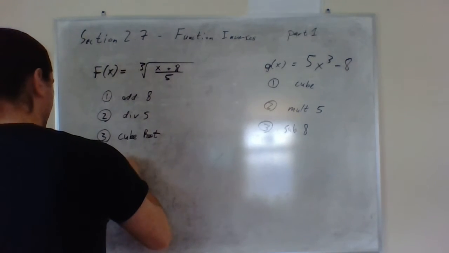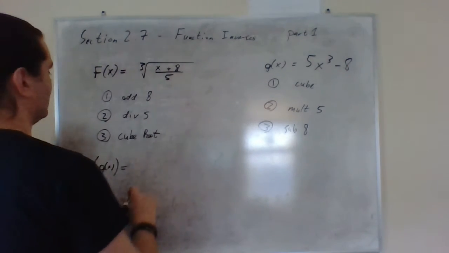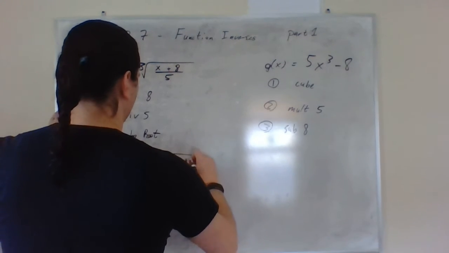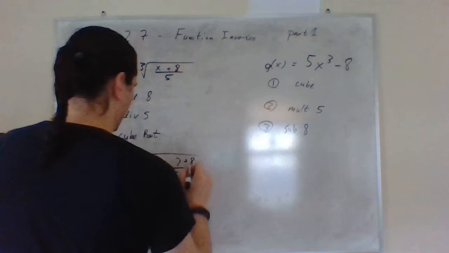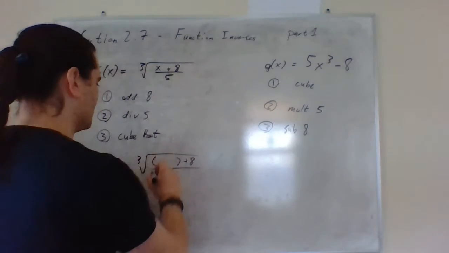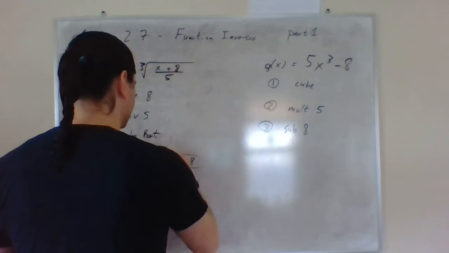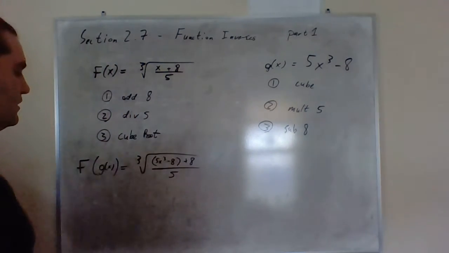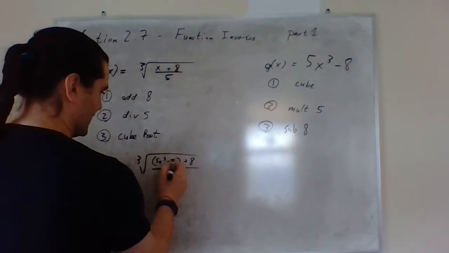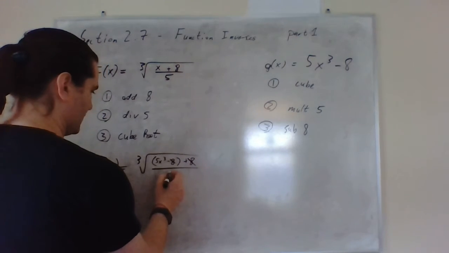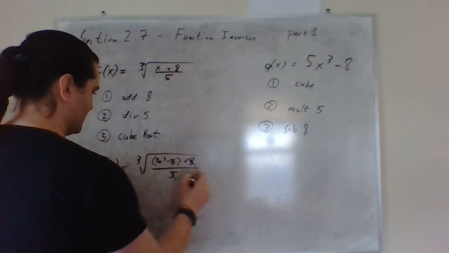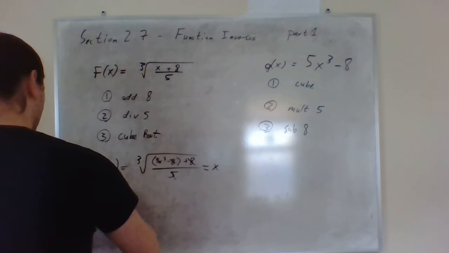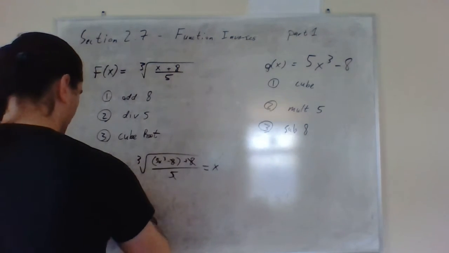F of g of x should be the cube root of something plus 8 over 5. And in here we're going to put 5x cubed minus 8. So the 8's cancel, and then the 5's cancel, and then we have the cube root of x cubed, which is x. G of f of x is probably going to be the same thing.